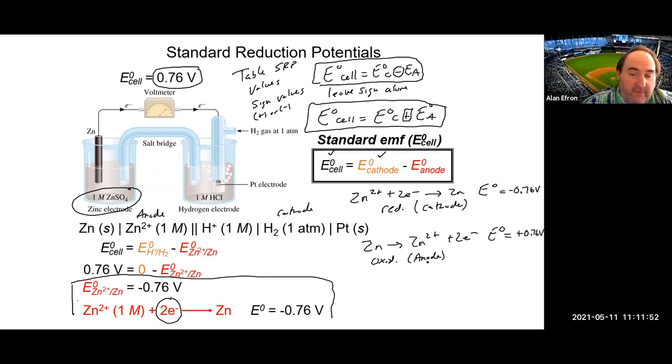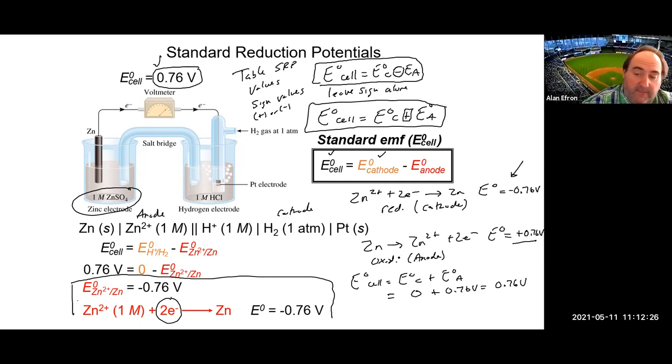So if we were to do E of our cathode plus our anode, we would need to reverse the reaction and change the sign, and that would then give us 0, which is our hydrogen cathode, plus positive 0.76 volts, which gives us 0.76 volts, which is what they got for the cell in this particular case. Now, if I went to the table, I would find this number here.